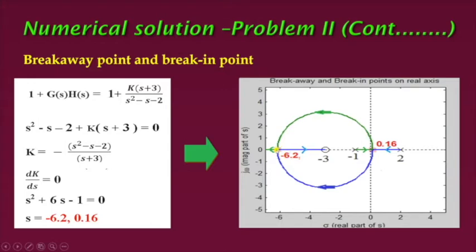So this is called the break-in point. Then one locus moves to the zero, and another root locus moves to infinity. These root loci are symmetrical with respect to the real axis.